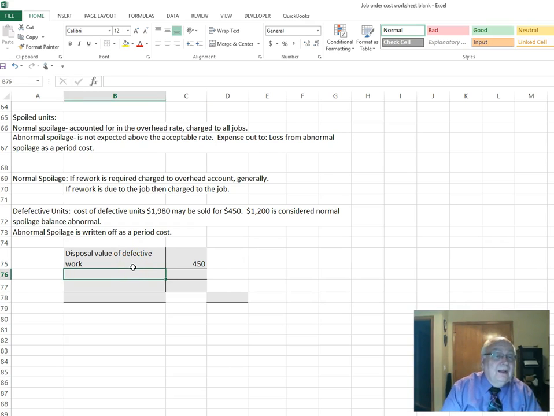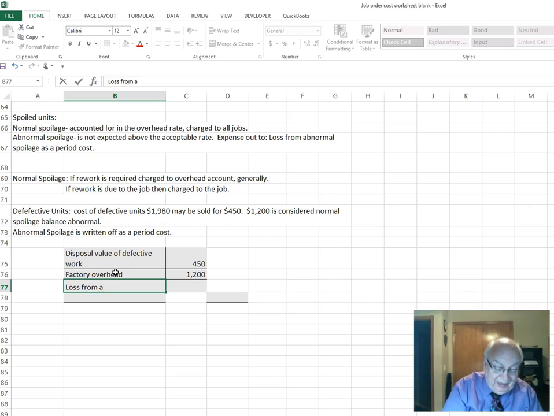That's basically your cash when you actually sell it, but that's what we're putting. That's kind of an inventory account right now. Then factory overhead, that's our $1,200 because that's the normal spoilage part. Then we have loss from abnormal spoilage, and that is for the $330.